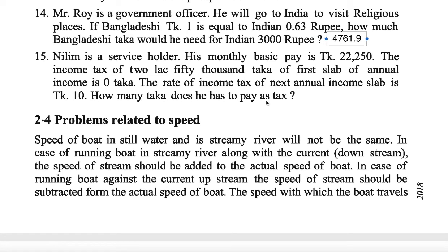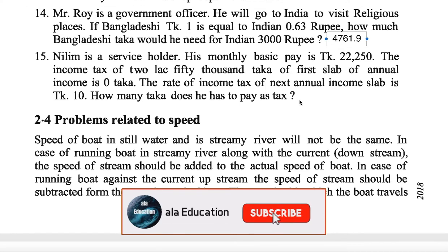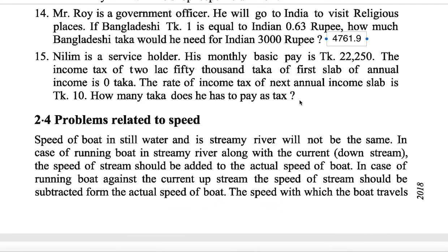Nilim is a service holder. His monthly basic pay is 22,500 taka. The first slab of annual income, 2,00,000 taka, is tax free, 0 taka. The rate of income tax for the next annual income slab is 10%. How many taka does he have to pay as tax? Total he will get 2,70,000 taka per annum.